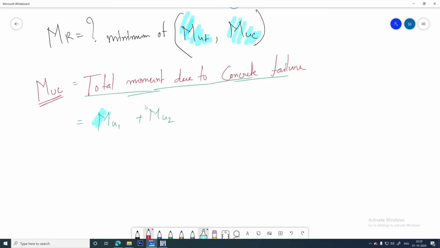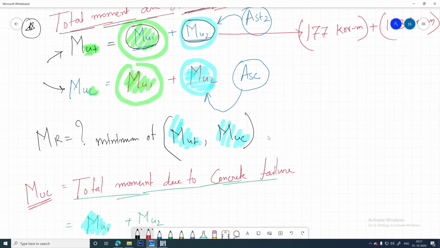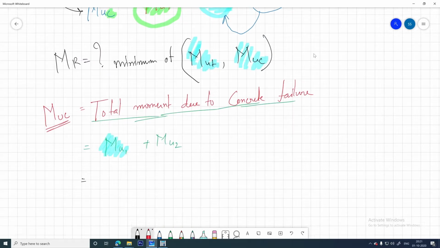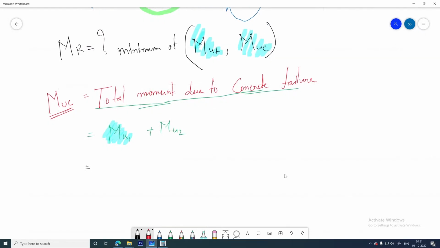Now this Mu1 is same as before, considering it as a singly reinforced beam section, and that is how much? That is 177 kilonewton meter. No need to write the kilonewton meter on screen.